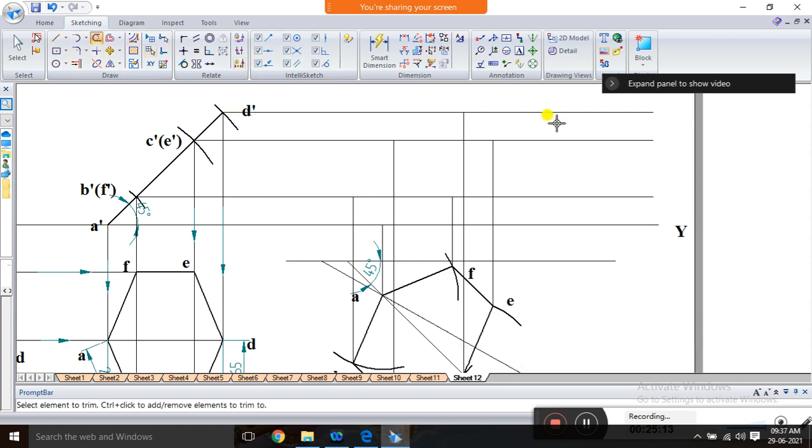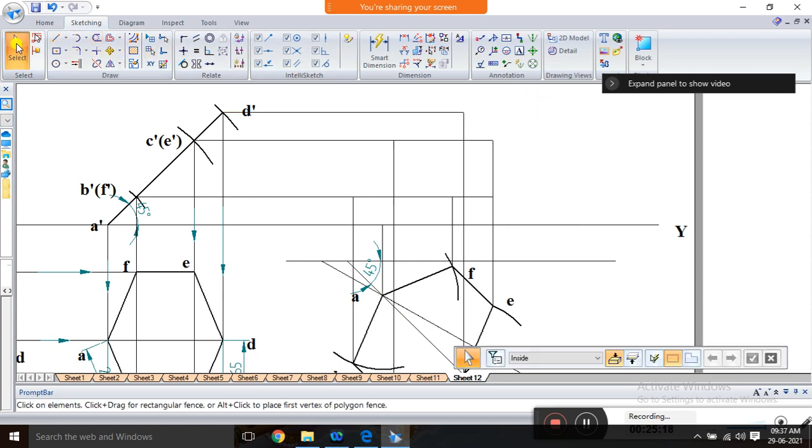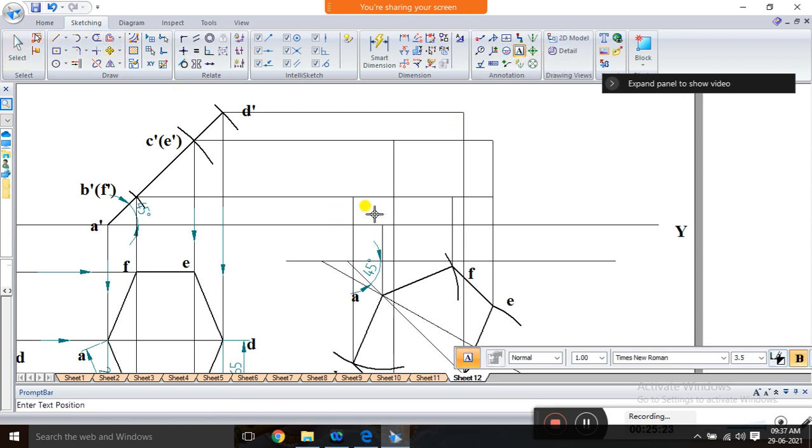So like that you have to mark all the points, and name them A dash, B dash, C dash, D dash, E dash, and finally F dash.